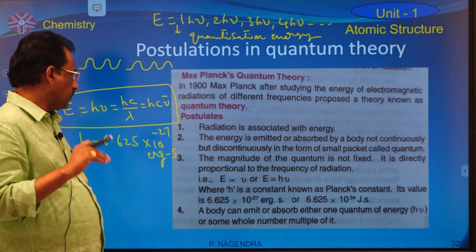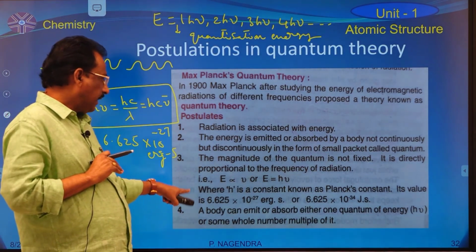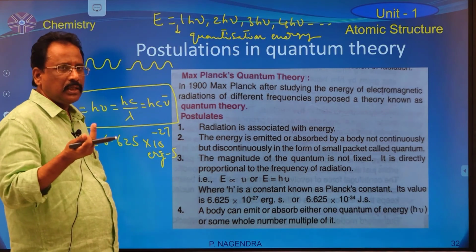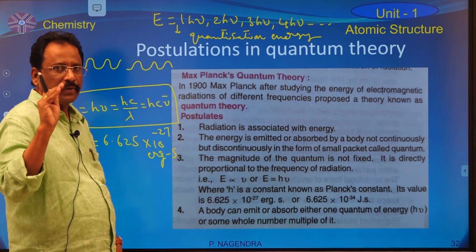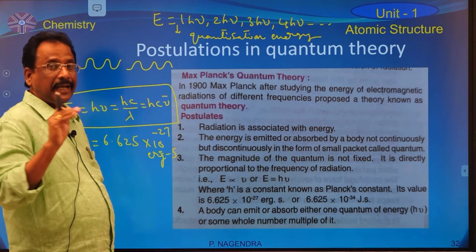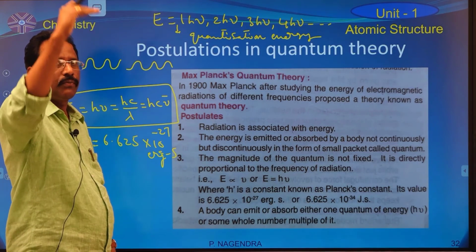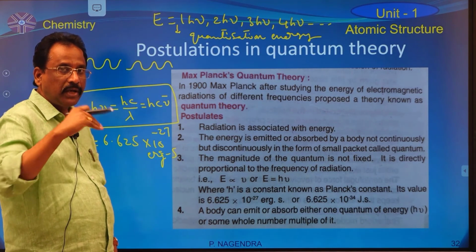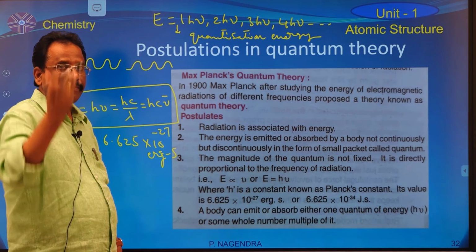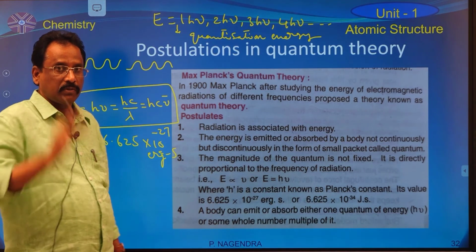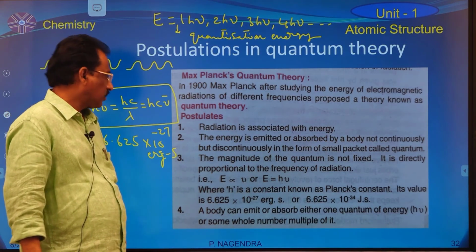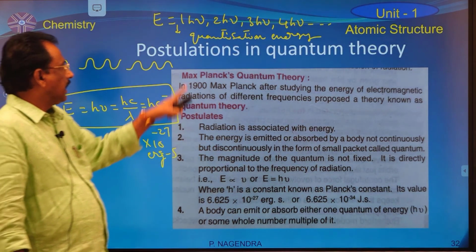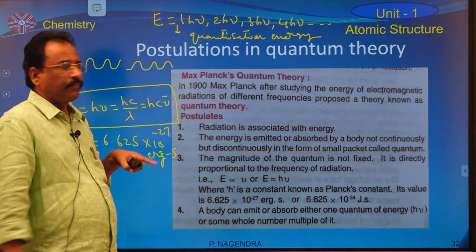That's why according to Max Planck's quantum theory, a body can emit or absorb the radiation in either one quantum of energy or whole number multiples of it, but not fractional values. For energy states 1, 2, 3, 4 like that, but not the 0 energy state, the 0.5 energy state, or the 1.5 energy state. Those states are impossible according to Planck's quantum theory. That means energy is quantized.